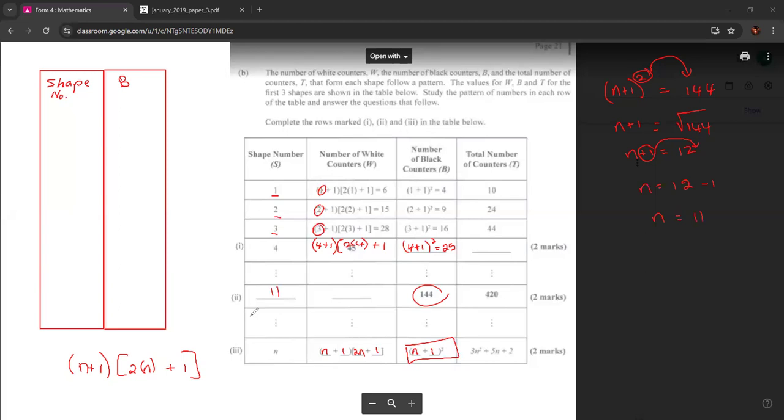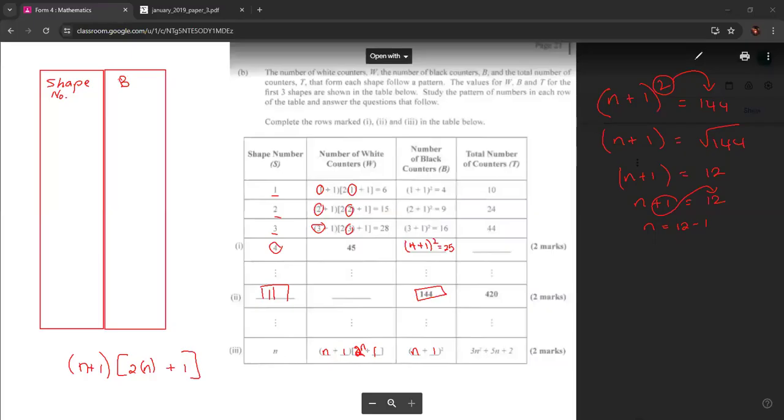So I know my value of the shape number is 11. All right. So now that we know that the figure number for this one, or the shape number, was 11, I could substitute it into the formula.